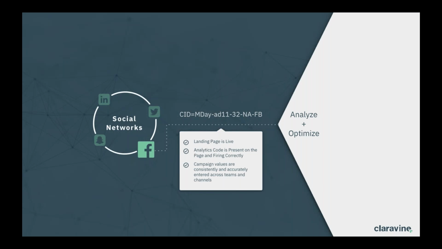Secondly, that we have analytics code in place to collect data about this campaign and that it's firing correctly without any errors. So we want to make sure that the appropriate Adobe Analytics, Google Analytics, or other custom code is in place successfully. And thirdly, that our campaign values are consistently and accurately captured across different teams and channels. Even just these three items in themselves can be challenge enough.